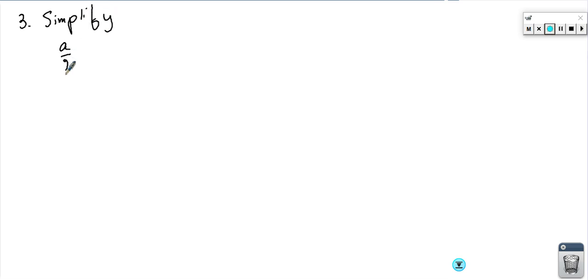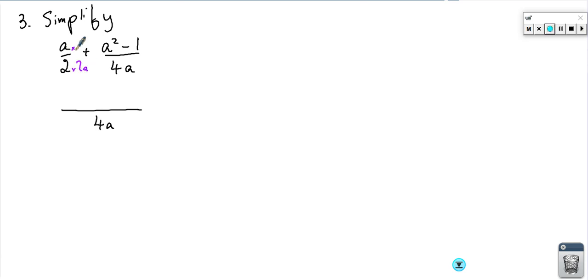A on 2 plus a squared minus 1 on 4a. Now this time we have also a variable in the denominator, so we have to include that in our LCM. So the LCM of 2 and 4a is 4a. So that this 2 becomes 4a, I have to multiply by 2a.